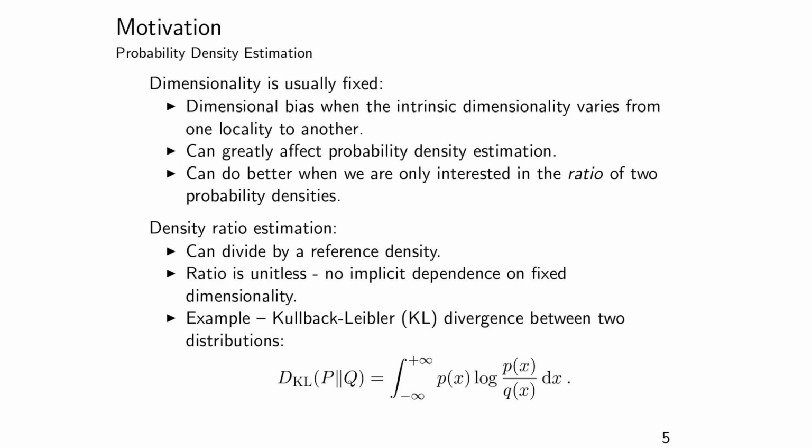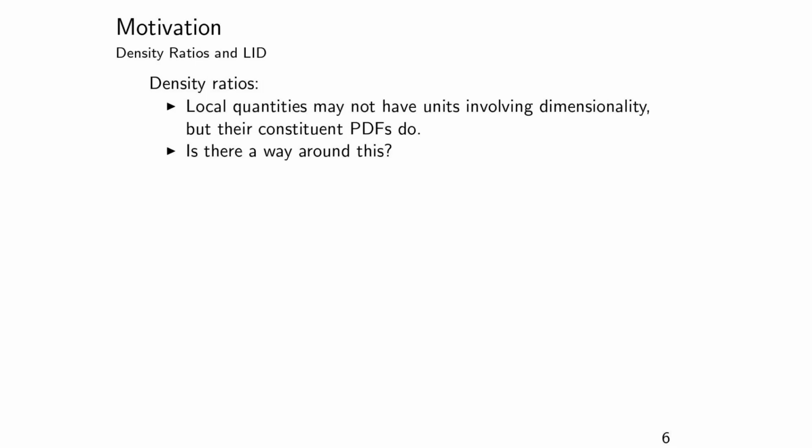An example of this would be the KL divergence between 2 distributions, which is a form of entropy, but taken relative to the PDF of some baseline or reference distribution, here in this example, Q. Density ratios then are local quantities that may not have units involving the dimensionality, but their constituents, the 2 PDFs that are forming this ratio, themselves need to be declared in terms of a fixed dimensional model.